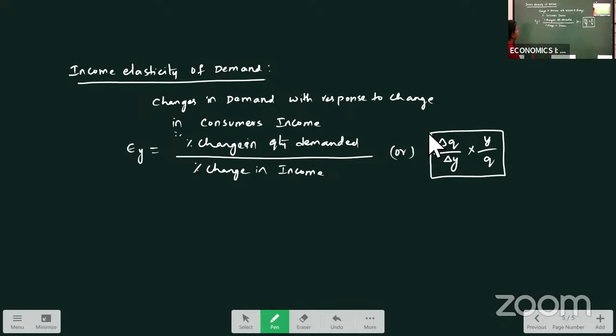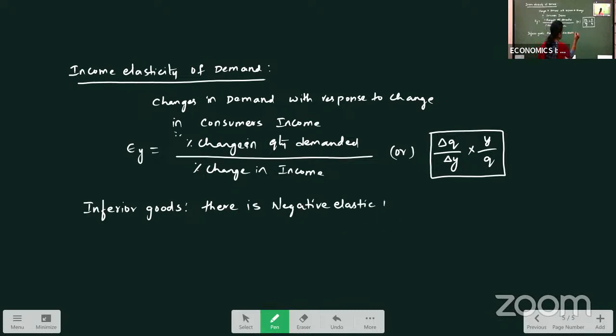Now in this income elasticity, we have two types of goods. One is inferior goods. For inferior goods, as there is a negative relation, the elasticity will be negative. For inferior goods, there is negative elastic demand.